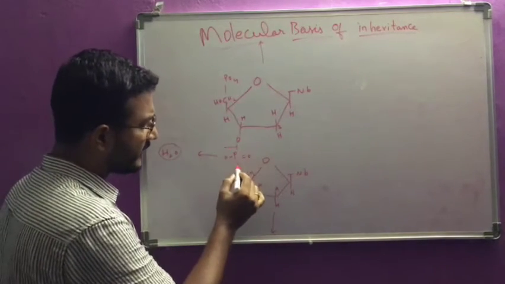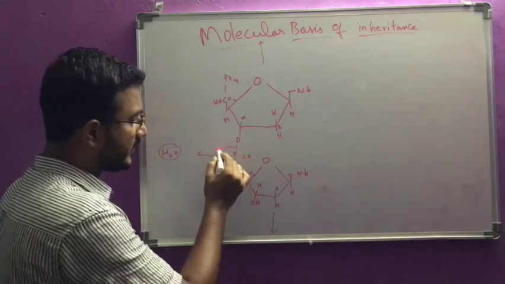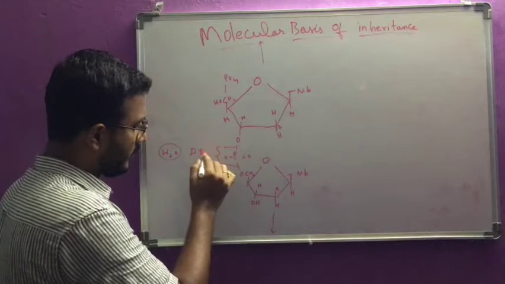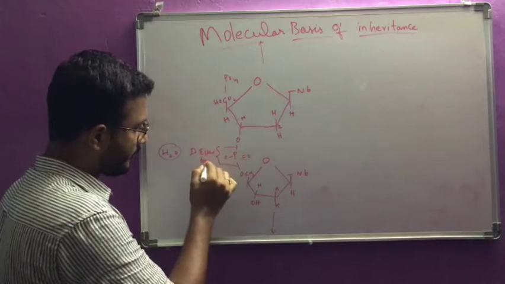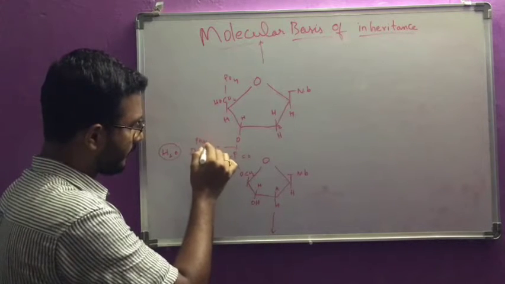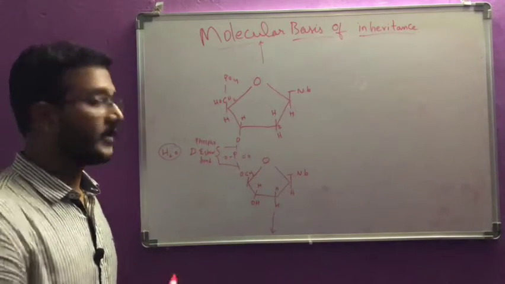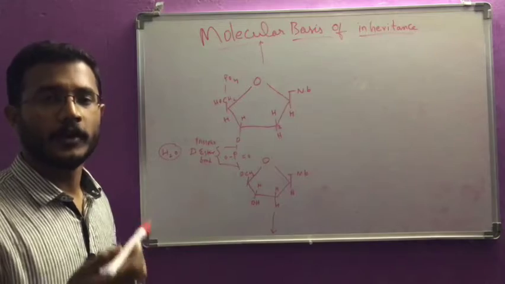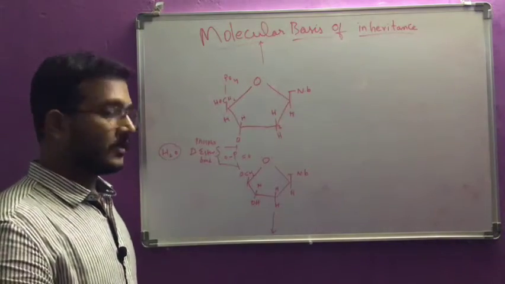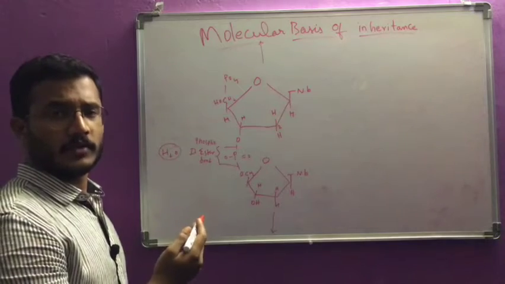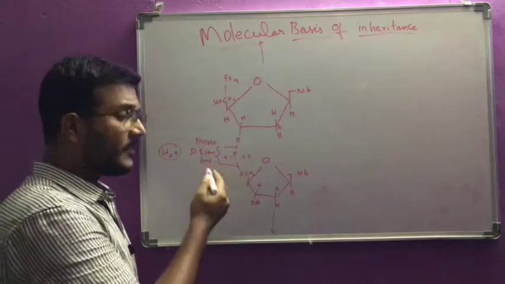This is an ester linkage, this is an ester linkage, so it results in the formation of a diester bond. Yesterday we discussed this one. Diester bond, phosphodiester bond: two ester bonds, that is di, linked because of phosphate. So, phosphodiester bond. See, like this.